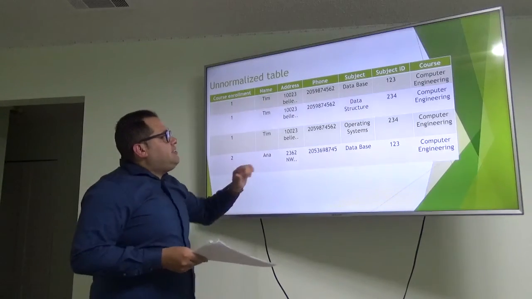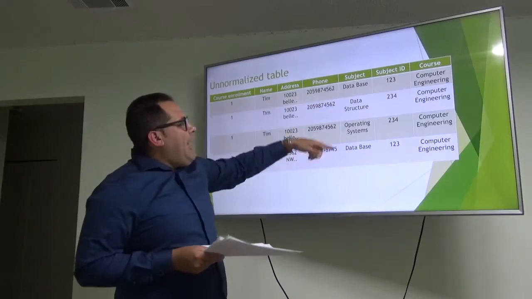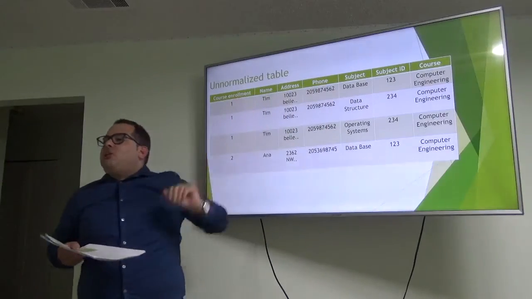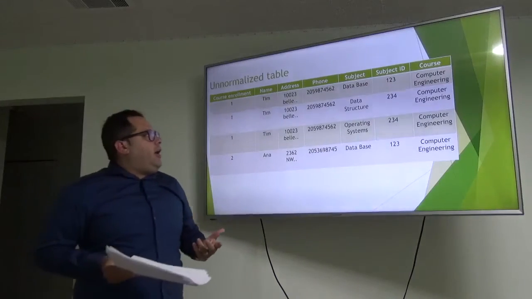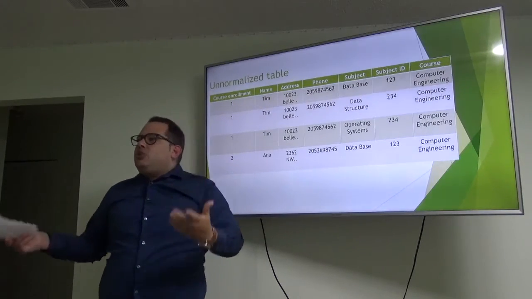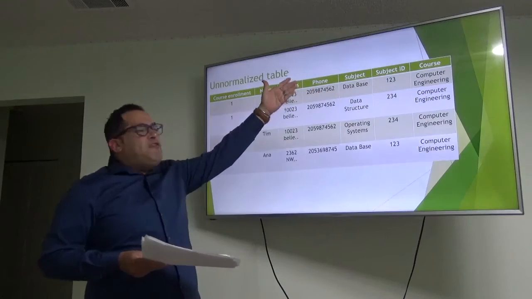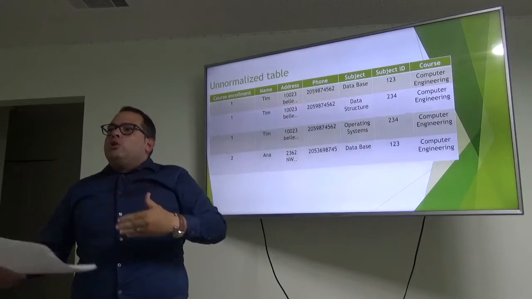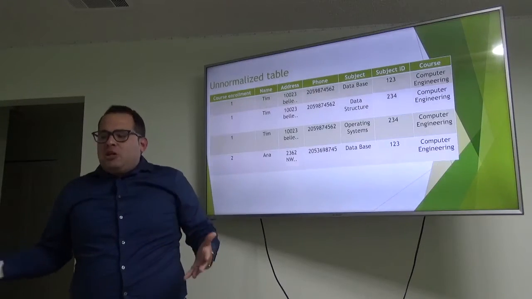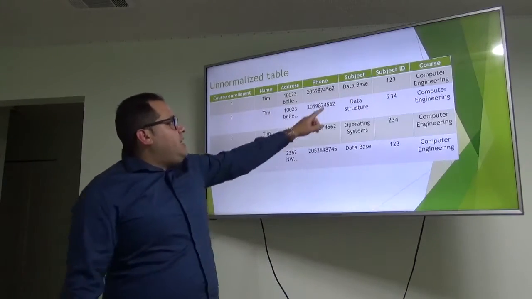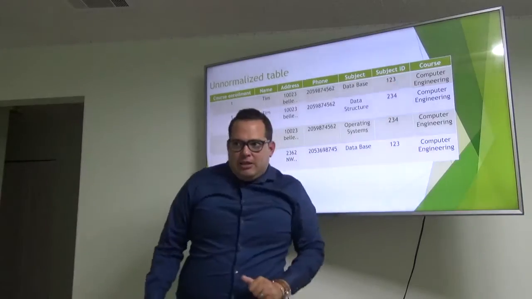Good. You are seeing that in this moment we have redundant information. We have the same information. Somebody can mention what are the fields or the columns we have with the same information? Okay, subject and subject ID.